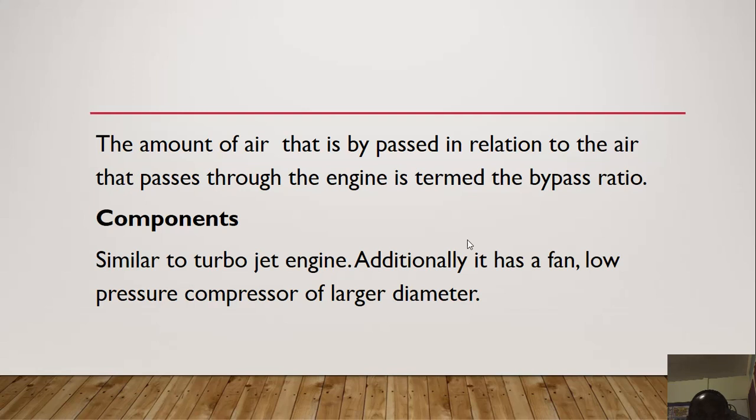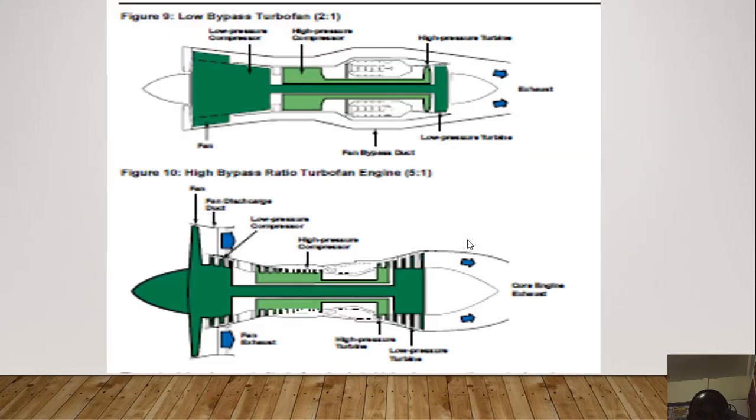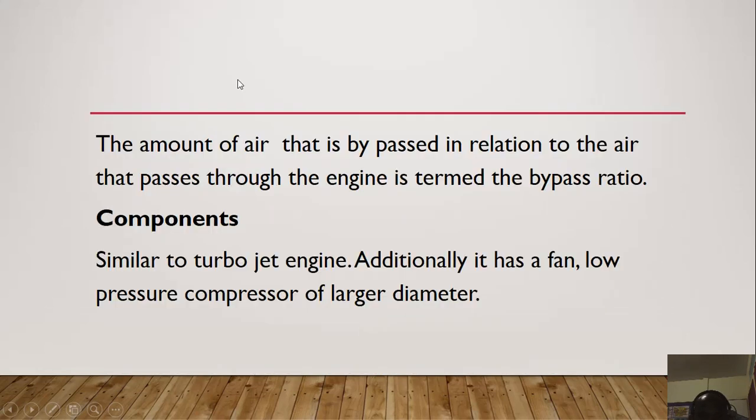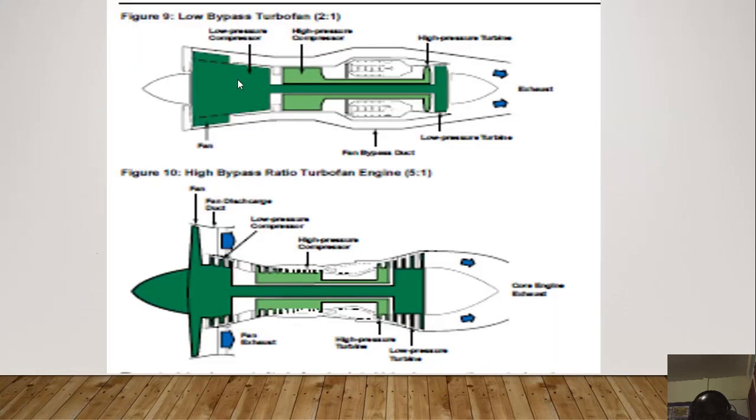Components. Similar to a turbojet engine, additionally it has a fan and a low pressure compressor of large diameter. So you can look at the low bypass. Low bypass means the amount of air that bypasses the main air intake, that doesn't go through the main direction of air, is less.